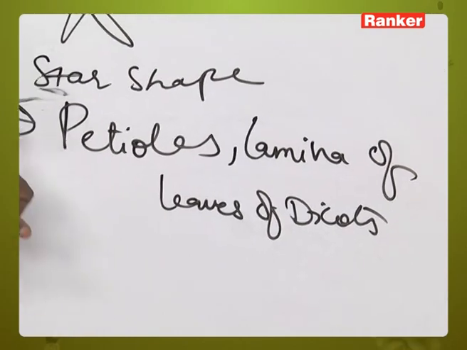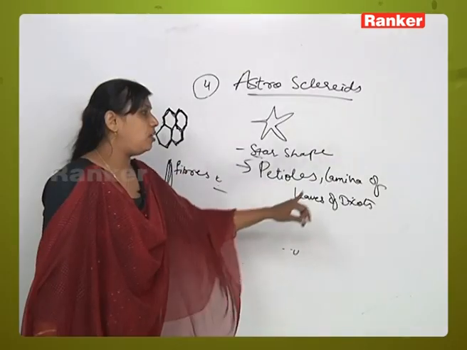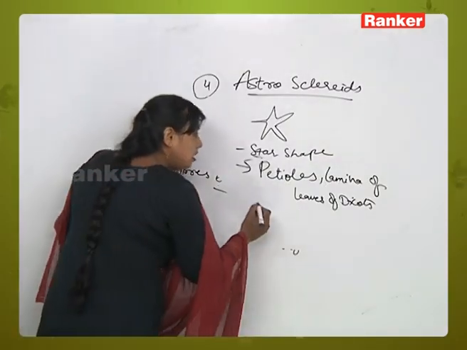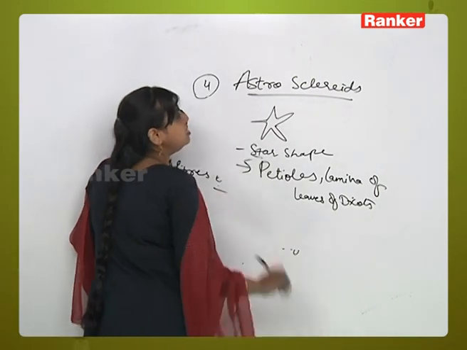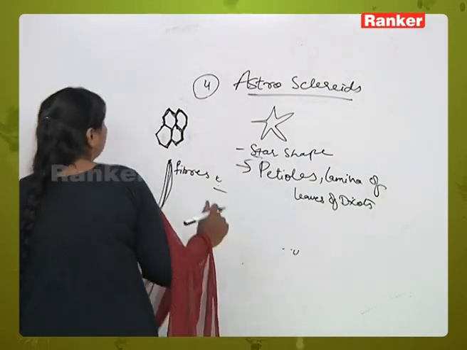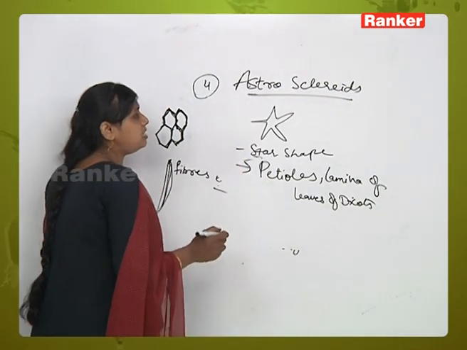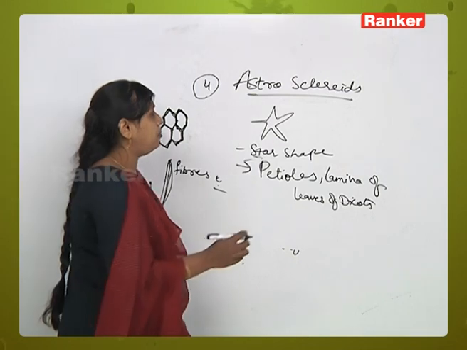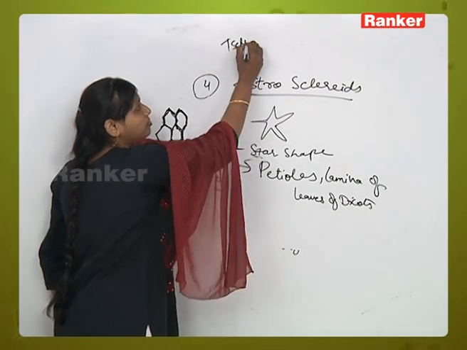They are found in the petioles and lamina of the leaves, and these sclerites are in the star shape. So, these are the 4 types of sclerites, based on the classification of Tschirch.